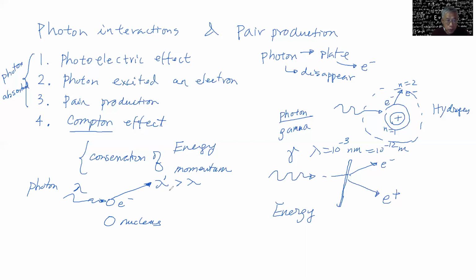So this is a scatter, right? So it collided, basically like a classical particle, and it would actually kick out this electron. This electron will also move with kinetic energy. So the electron goes out this way and the photon scatters that way. So this one comes in and the energy is not absorbed, right?